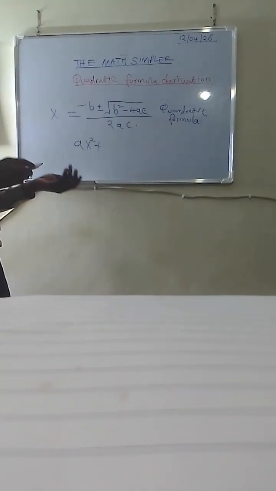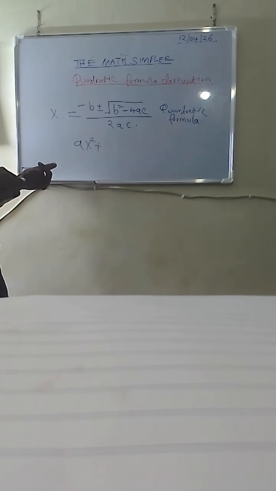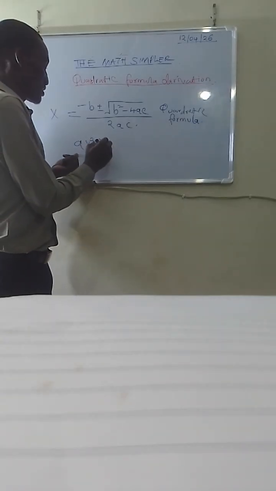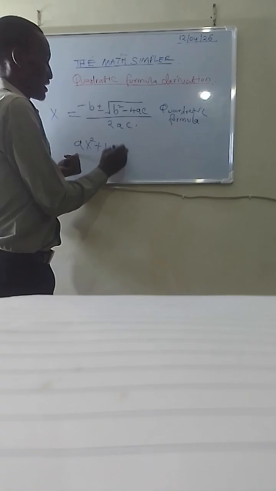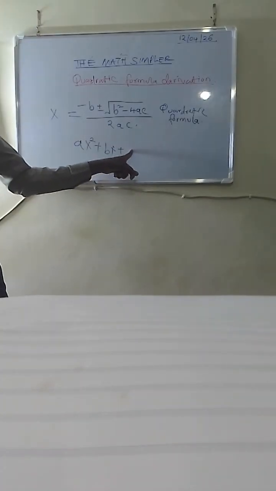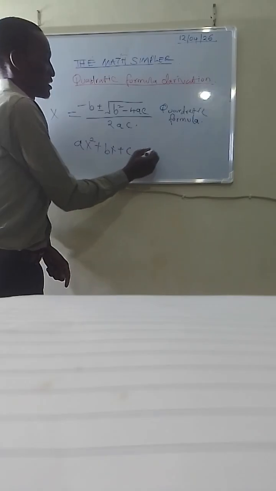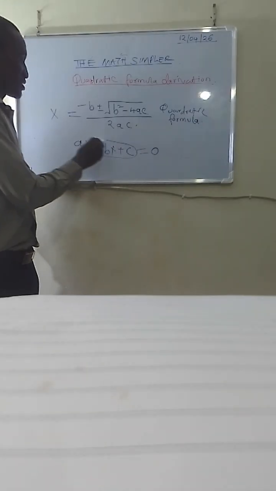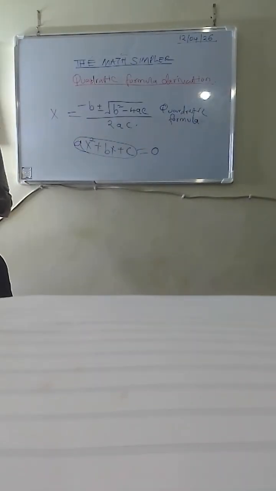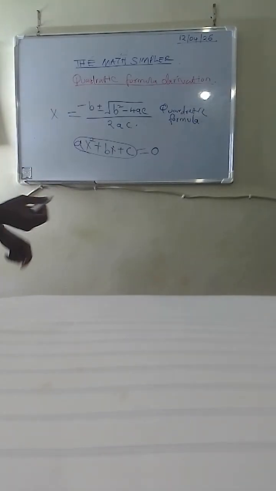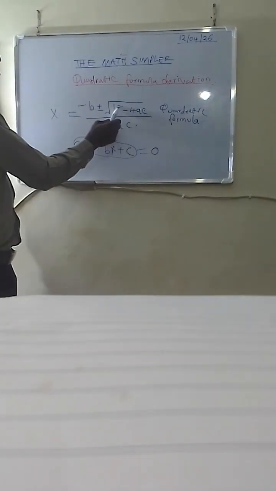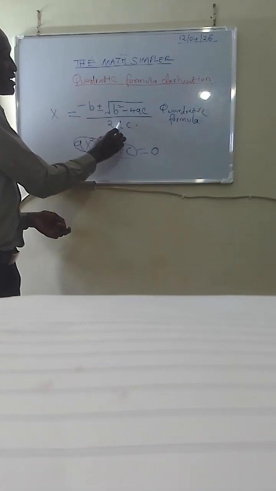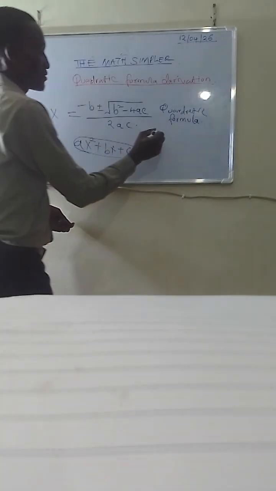So for us to derive this, because we need a general formula, we let the coefficient of x squared be a, the coefficient of x be b, and anything that is not a variable is a constant, and we equate it to 0. This means all this equation equals 0. Our b is here, the coefficient of x, and our a is here, the coefficient of x squared.